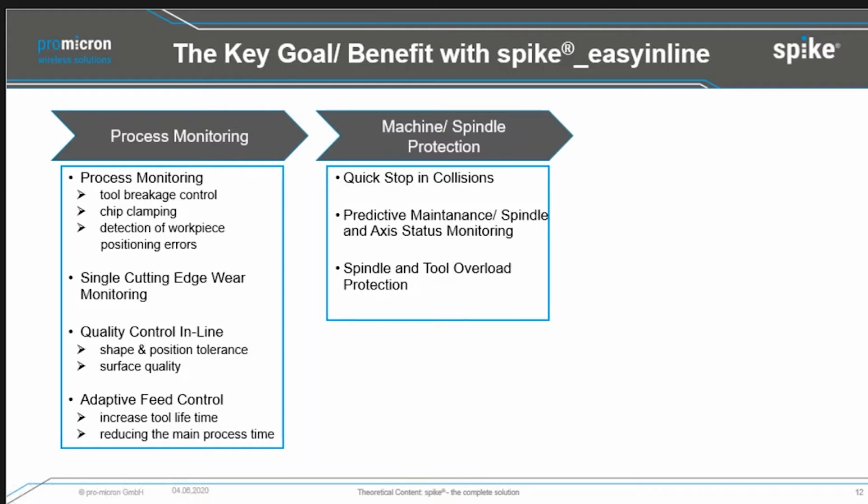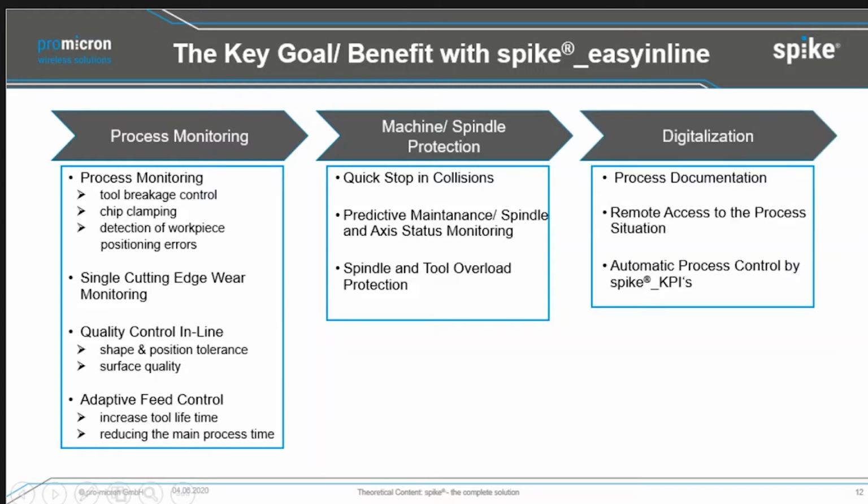Or we have machine and spindle protection: quick stop during collisions, predictive maintenance, or spindle and axis status monitoring to check, is my machine still in good condition? So maybe it's not a problem based on the process, but a problem of my machine that I produce bad parts. And of course, spindle and tool overload protection.